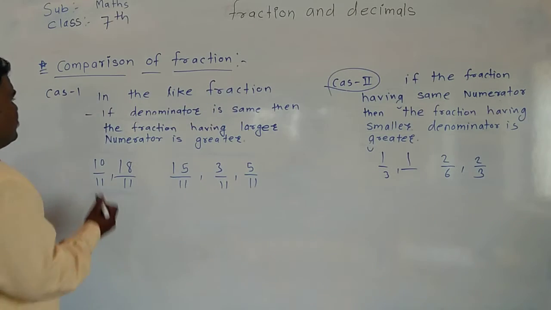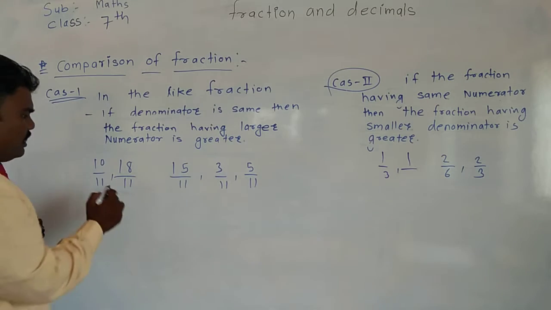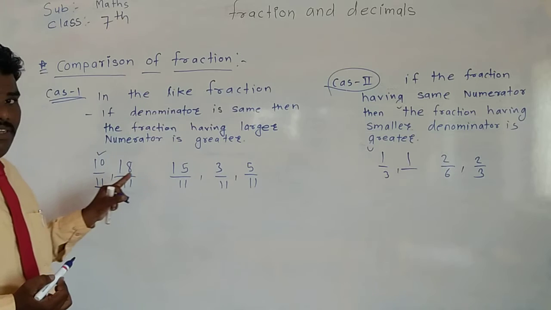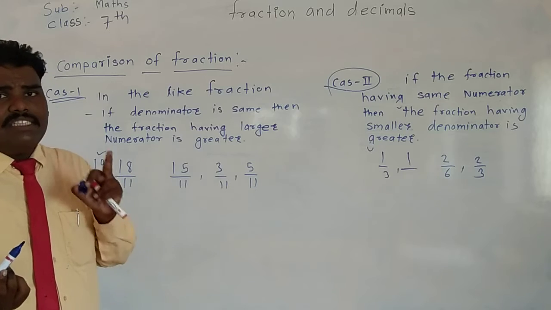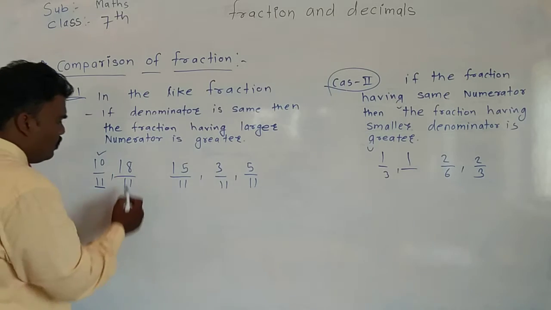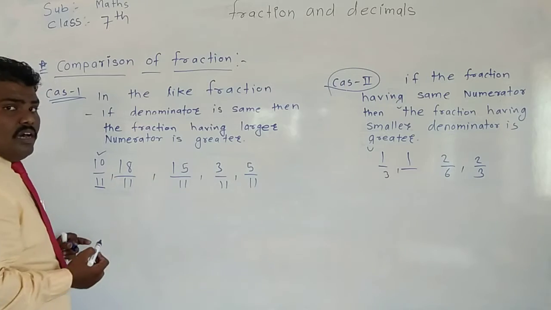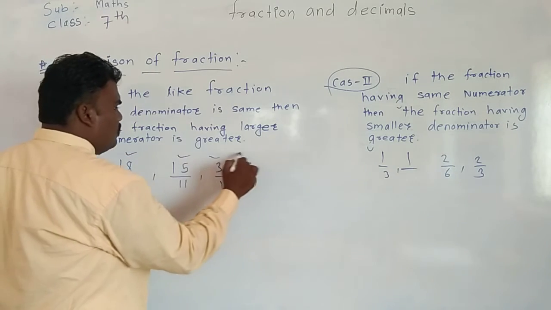In this case, first we have to think about the numerator of the like fractions. If the numerator of a like fraction is greater, then that fraction is greater. In the given fractions, there are so many: first, second, third, fourth, fifth.